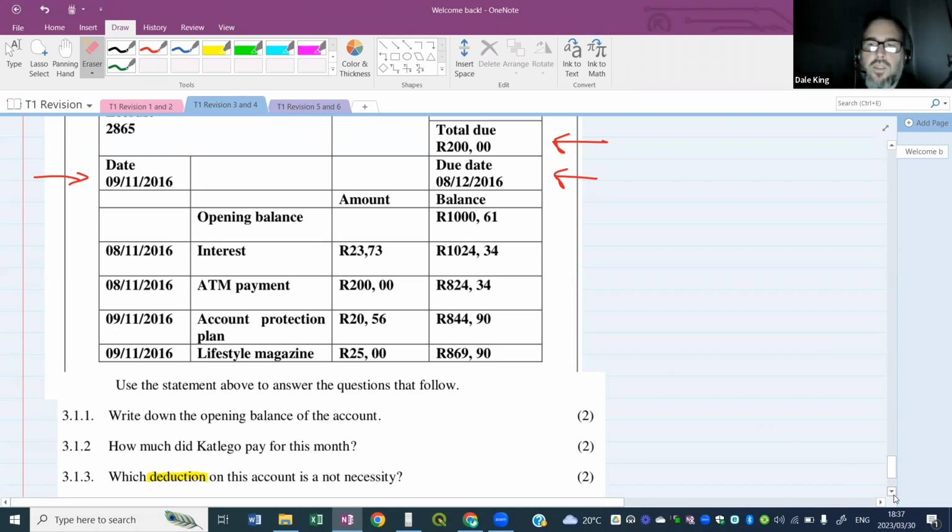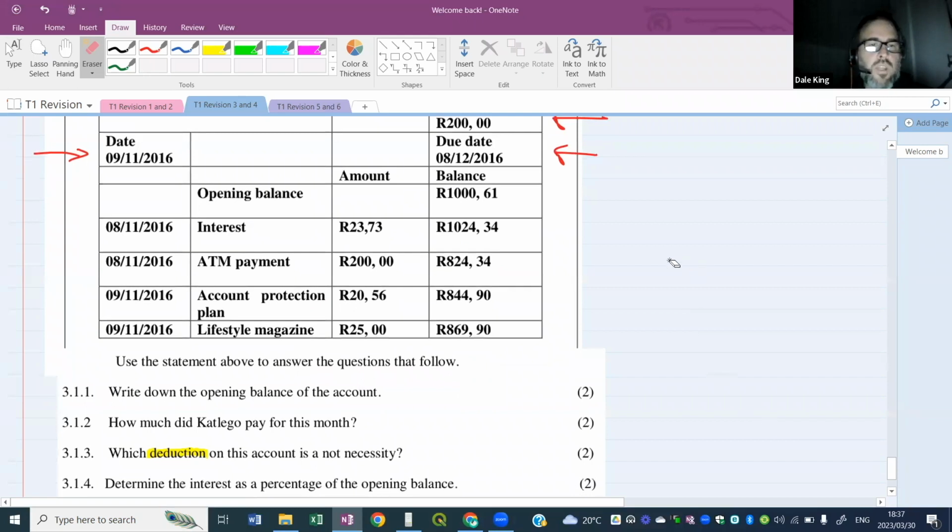Okay, let's move down. Next question. Let's read this one carefully now. Okay, guys. Determine the interest as a percentage of the opening balance. So there's the word interest and the words percentage of the opening balance.